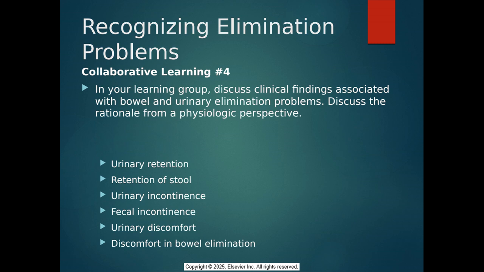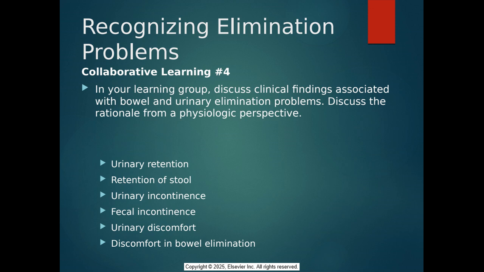So do they have urinary elimination problems? And what is the physiological perspective? Why is there urinary retention? What medical history, what social history, what surgical history could they have that's causing urinary retention, retention of stool? Why is there urinary incontinence? Why are they having discomfort with bowel elimination?